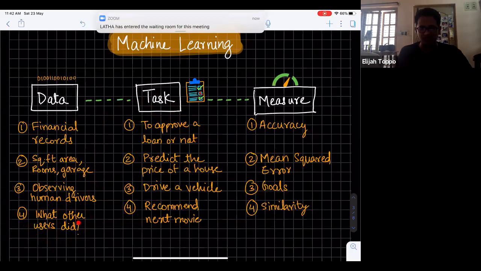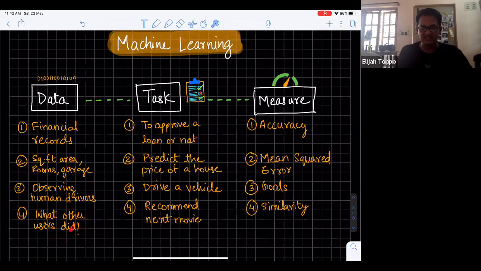There are lots of users, and they will see people with the same taste in movies. What have they seen next? Based on that data, we'll try to predict for you the next recommended movie. That is the task you're trying to learn. And based on similarity, you would measure how close this recommendation is based on other users. That would be the measure here.